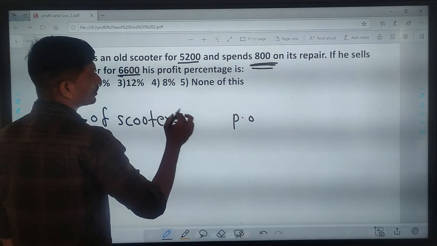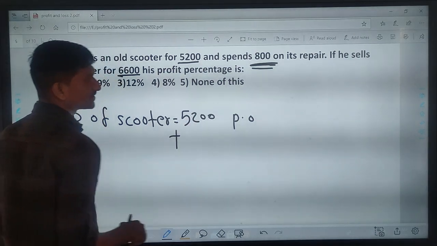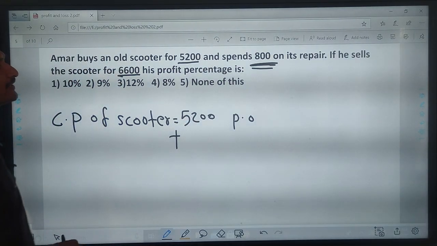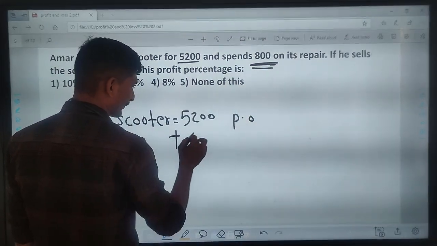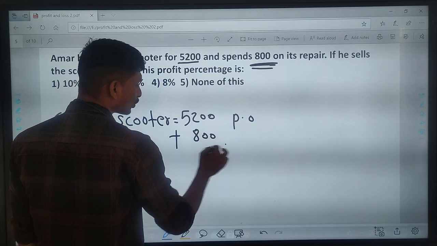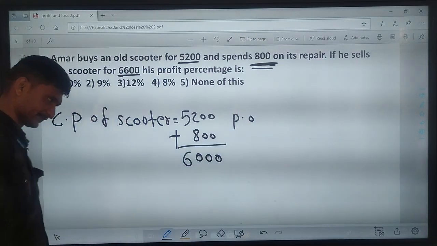Then CP of scooter is equal to 5,200 plus 800 rupees spent on its repair. That is total CP is 6,000 rupees.